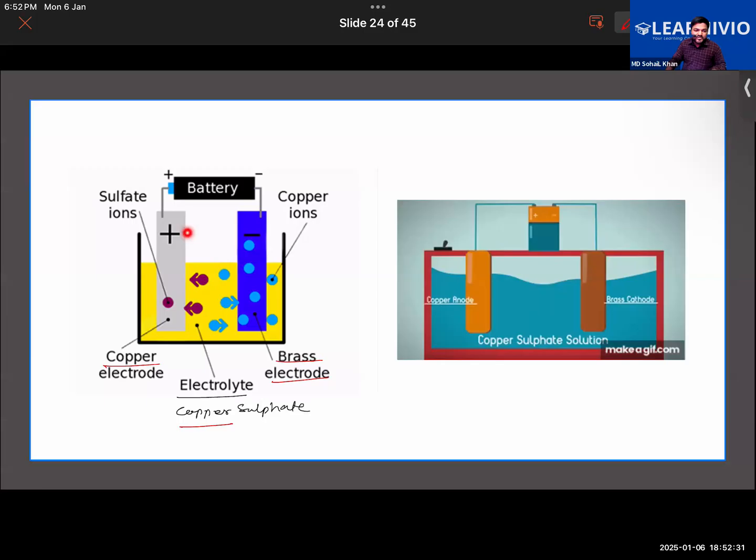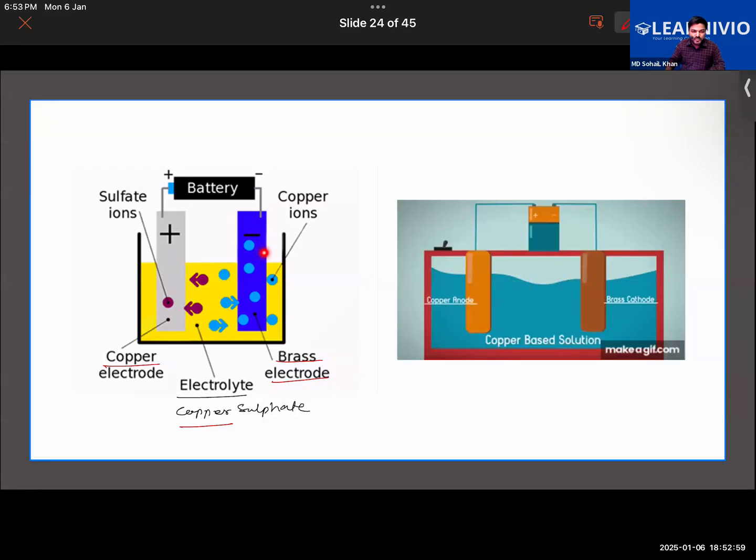So the metal you are going to use for electroplating has to be made the anode by connecting it to the positive terminal of the battery, and the material on which deposition has to be done will be made the cathode by connecting it to the negative terminal of the battery. You guys tell me if this much is clear so far or not. Clear, sir. If this much is clear, then I'm going to explain further. Aleph, you getting it? Abdullah, you getting it?